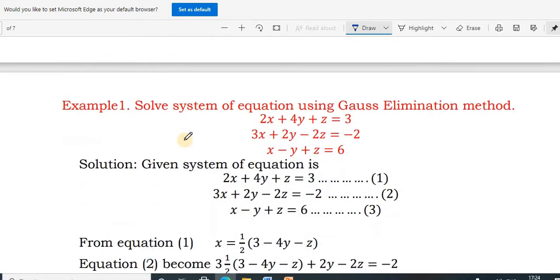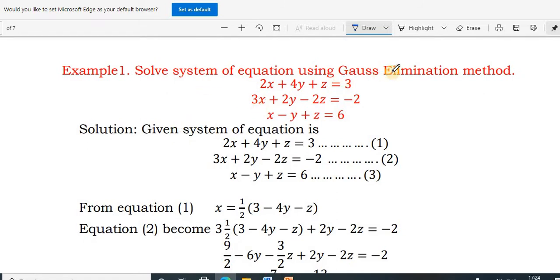Now we see an example. Solve the system of equations using the Gauss elimination method. The system is given: 2x plus 4y plus z is equal to 3; 3x plus 2y minus 2z is equal to minus 2; x minus y plus z is equal to 6. What is step 1?